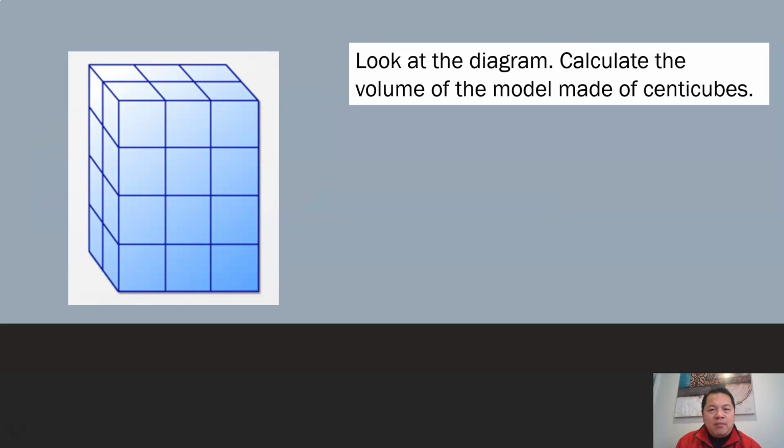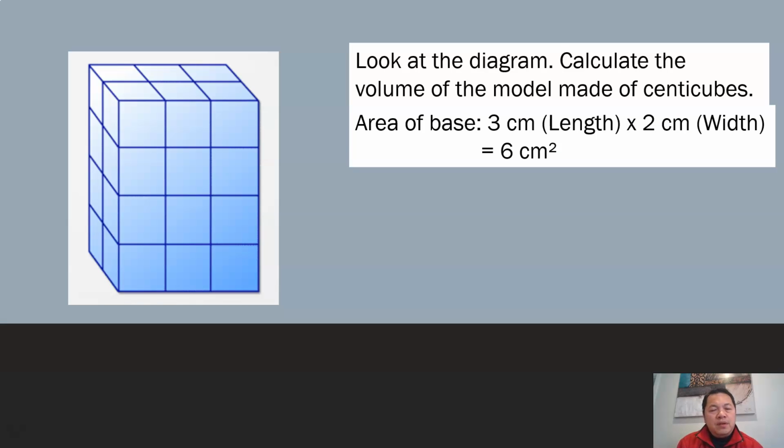Let's look at this one. I will give you some time to look through. Tell me how many cubes there are in this model. Using the same procedure to find the base, there are 3 of them along the length, and there are 2 of them along the width.